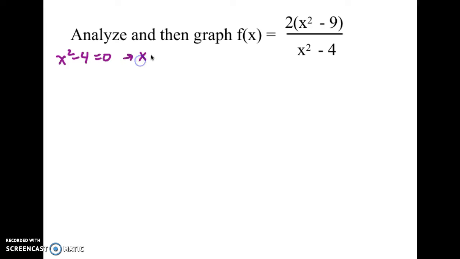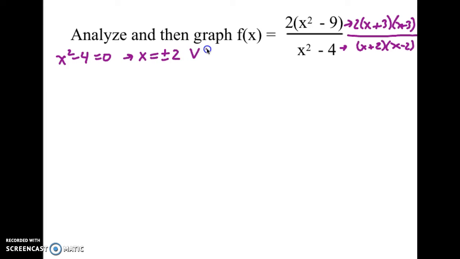That's going to be at x equals positive and negative 2. If I factor the top, that's x plus 3 and x minus 3. Factor the bottom is x plus 2, x minus 2. So none of those cancel, so we know that these discontinuities are vertical asymptotes.